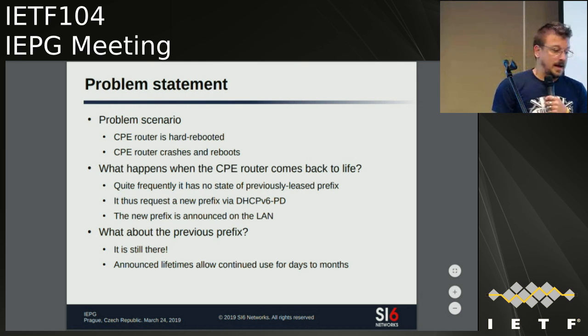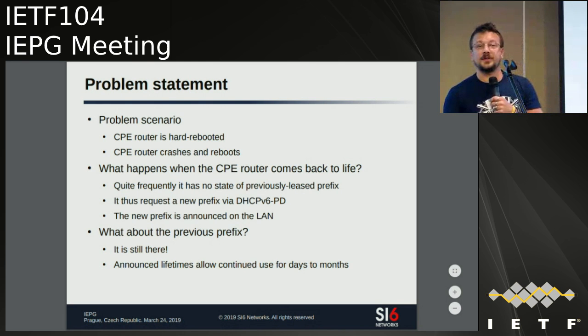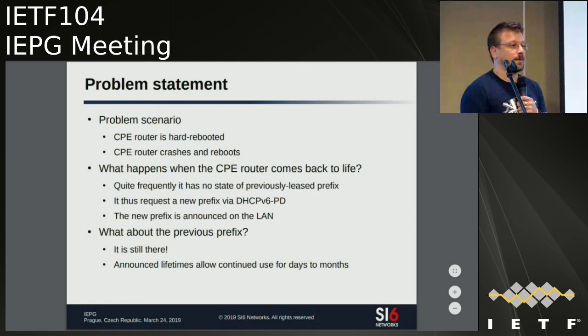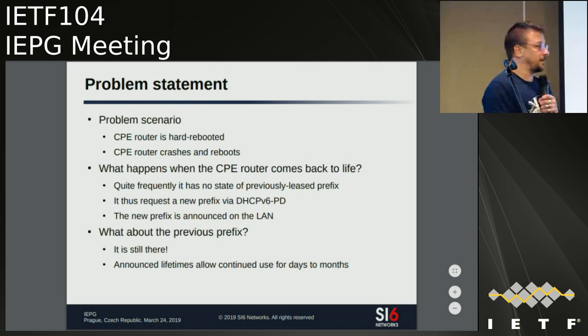Okay. Now what happens is that, of course, they get leased a new prefix. They will advertise a sub prefix on the local network, but the question is, what happens with the previous prefix? So you got a new prefix, you advertise the new prefix, but nobody told the network that the prefix that had been announced before has actually become stale.